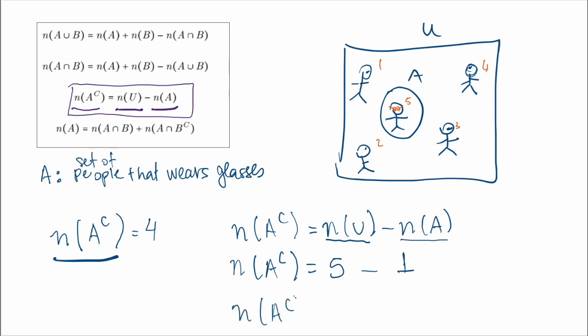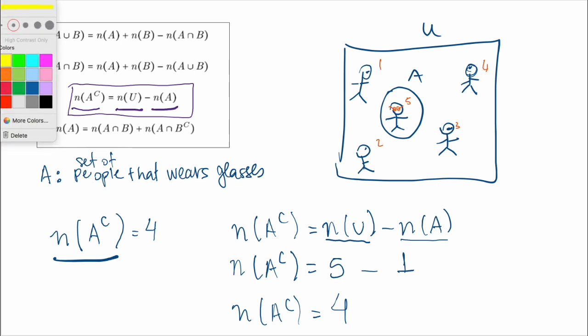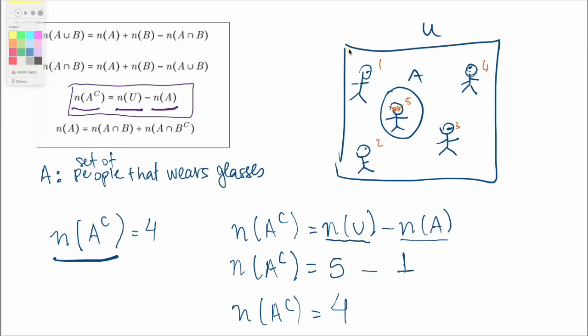So at the end of the day, you will see that the formula leads you exactly to the result. And it makes sense. Look at this. If we color what we want, let's color the A complement set. The A complement set is everything that is not inside A, right? So I'm taking the whole universe, but I'm not taking who's inside A. And that's exactly what this subtraction is doing.